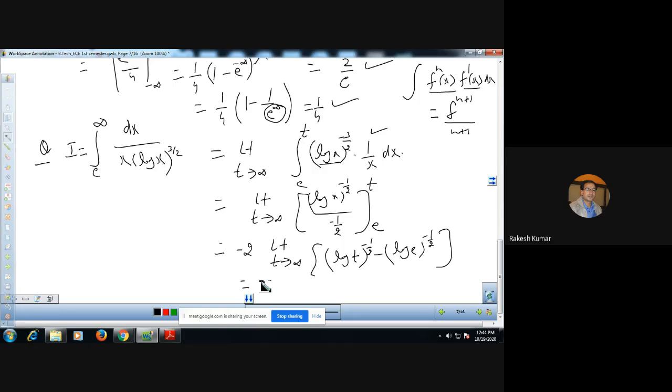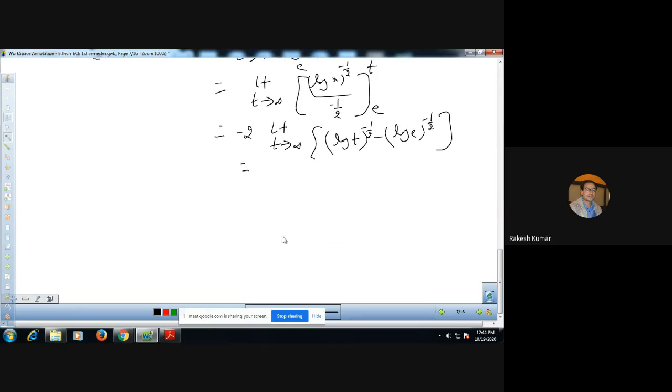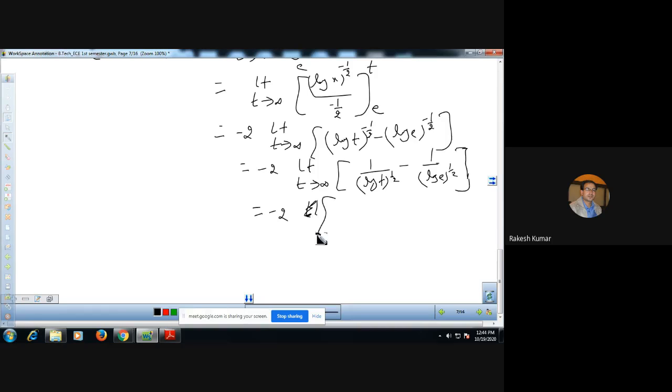And this can be solved by doing one more step. This is a minus 2, limit t approaches infinity. This can be written in the denominator like this, log t raised to power 1 by 2, and similarly log of e raised to power 1 by 2 in the denominator, because in the numerator powers are in negative sign, so it can be taken to the denominator. Now you can substitute the limit.